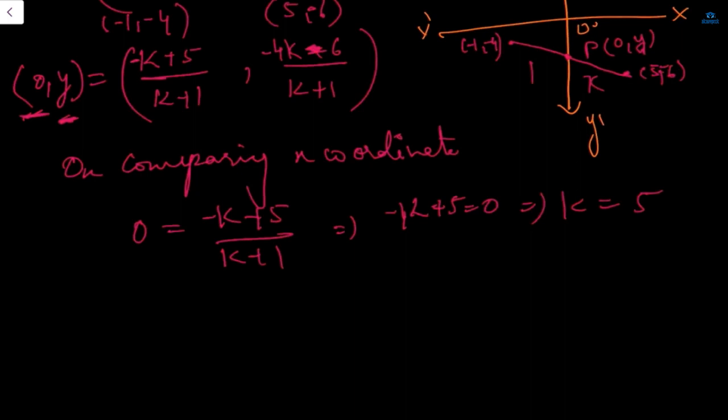Now we have got 5, that means 5 is to 1. Therefore, the required ratio is 5 is to 1. Now we have got the ratio.